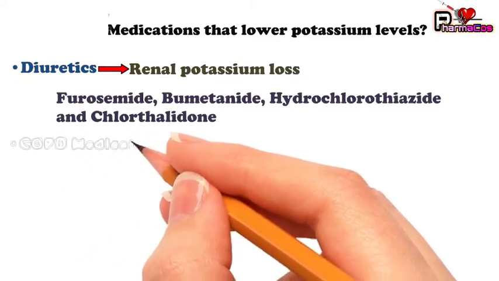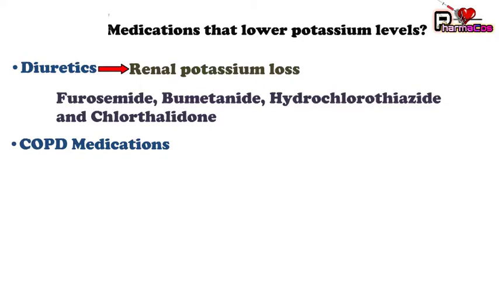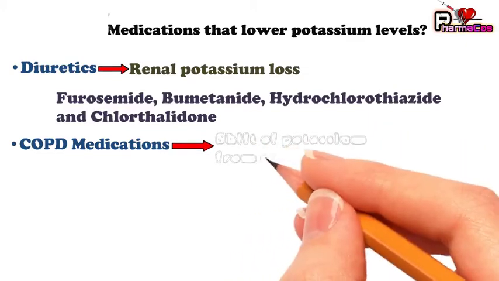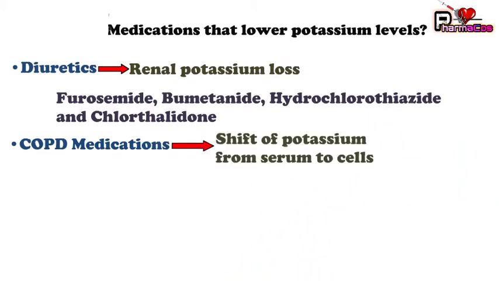Next, bronchodilators. Sympathomimetic drugs such as beta-adrenergic bronchodilators cause a shift of potassium from the serum into the cell, thereby lowering serum potassium levels. The effect is potent, with a single nebulized albuterol treatment lowering potassium level by 0.2 to 0.4 milliequivalent per liter.